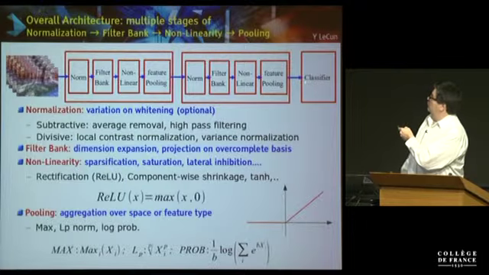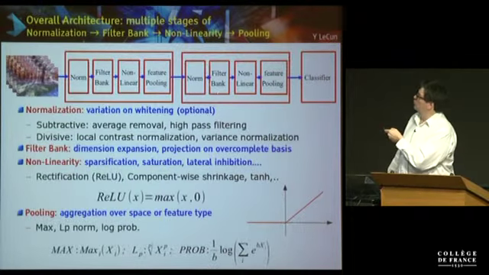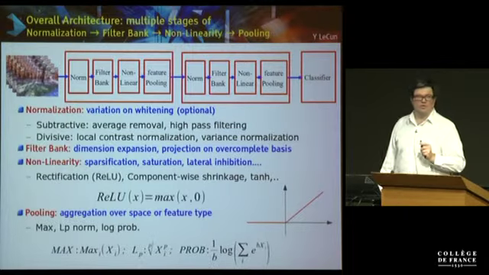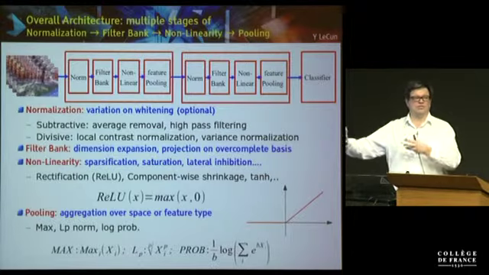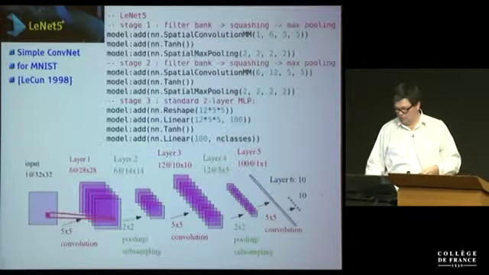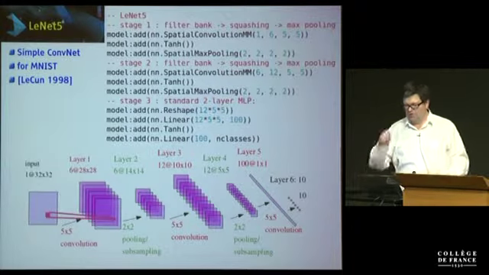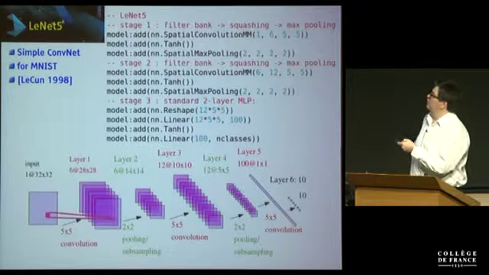That's the basic module that we repeat several times, and at the end the classifier is no different. It's just another filter bank with nonlinearity, nothing more. No clear distinction, therefore, between feature extraction and classification. It's a continuum of scale. Here's how we create a convolutional network in Torch.